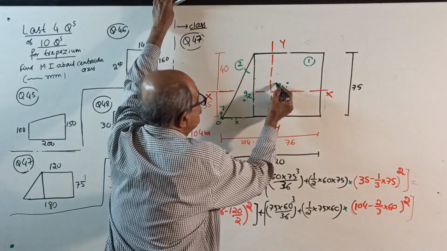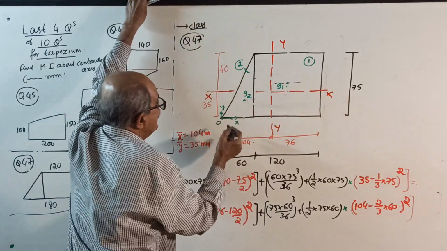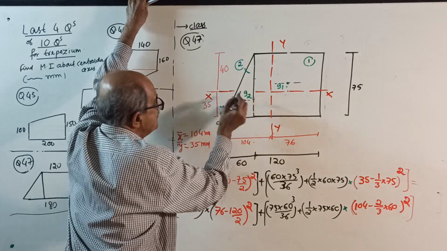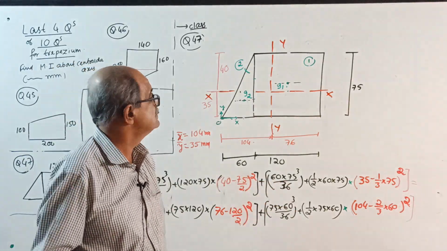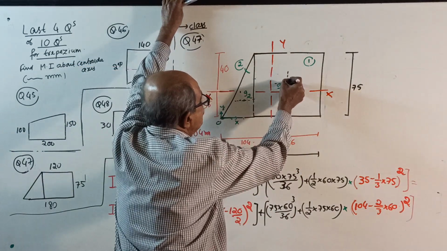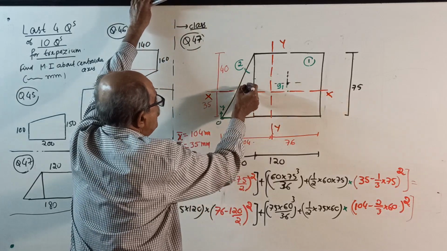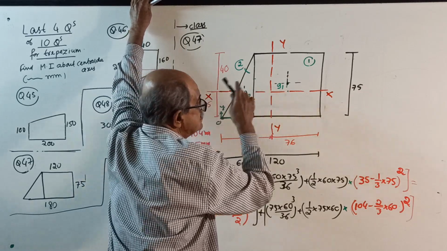I about its own axis plus area into this distance square. Same for the second part. Over, sufficient. I about YY. I about its own axis plus area into this distance square, for both parts.